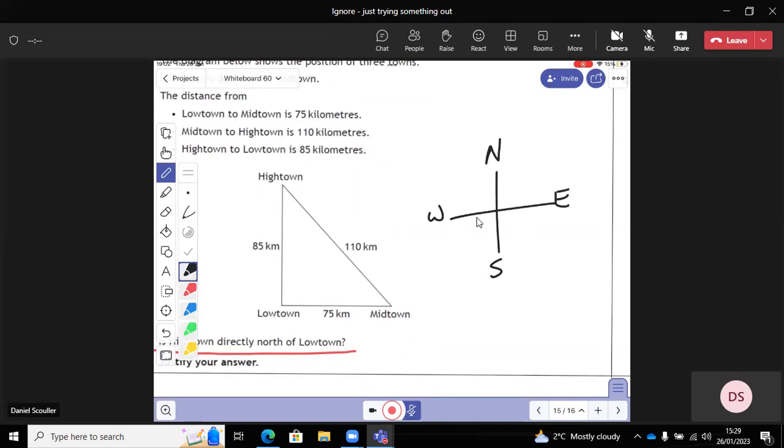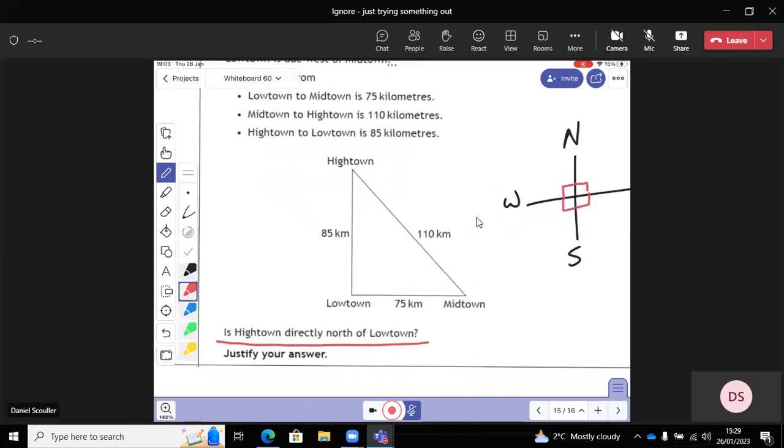So north and east would have a right angle. North and west, again, right angle. So when it's asking, is Hightown directly north of Lowtown, it's asking you to know there's going to be a right angle in there.